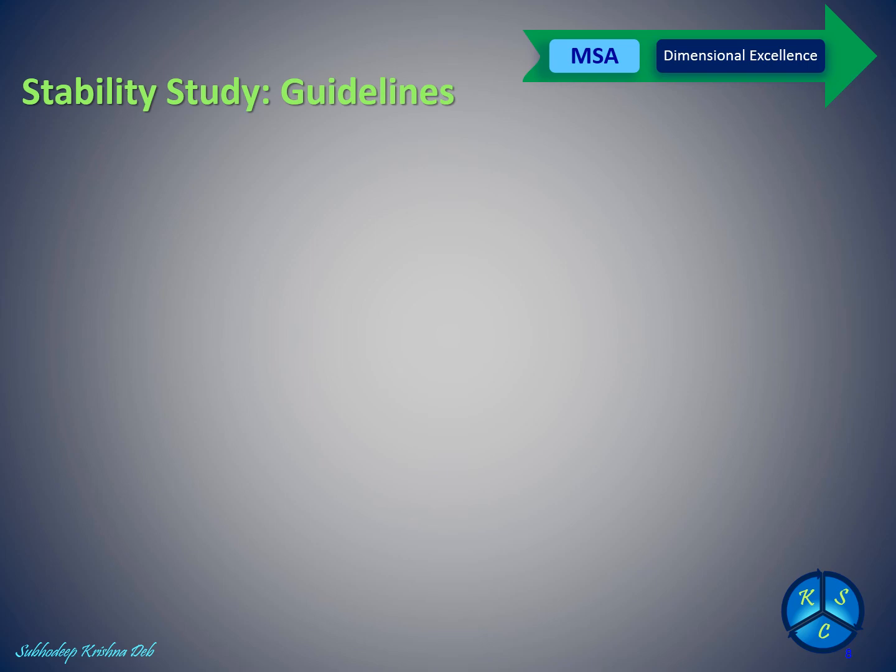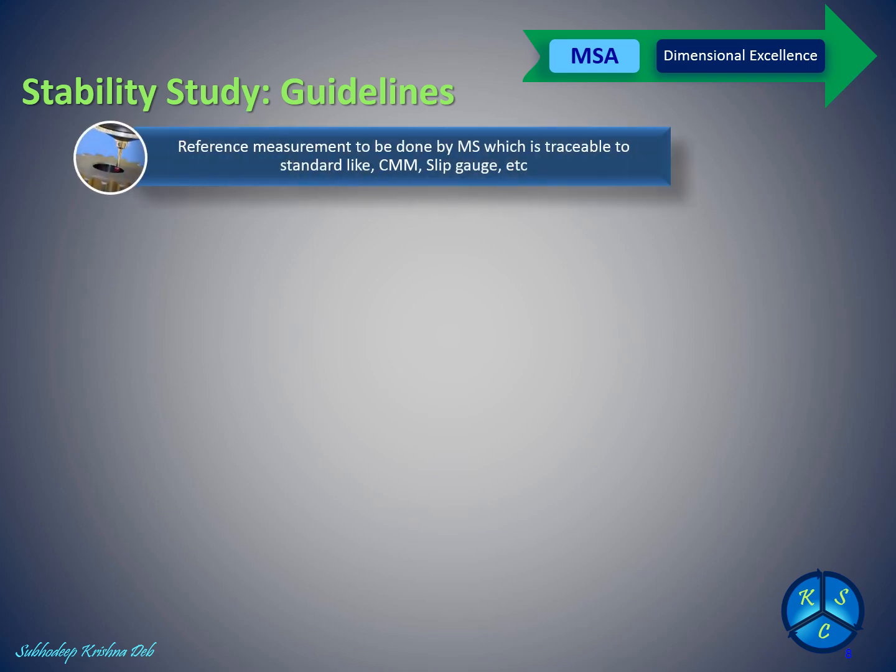Now, there is a set of guidelines which need to be followed very strictly to achieve the expected effectiveness of the study that we are performing. First of all, reference measurement should be done using equipment which is traceable to standard, like CMM, slip gauge, all those.